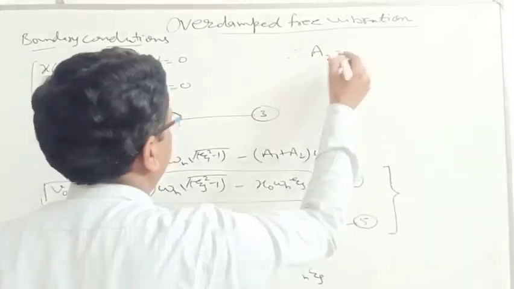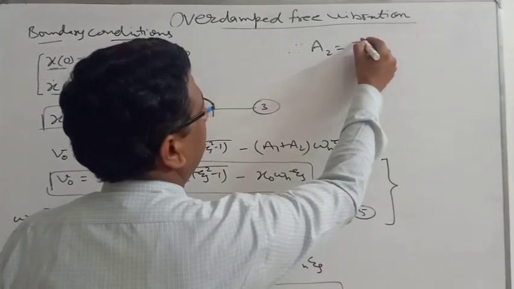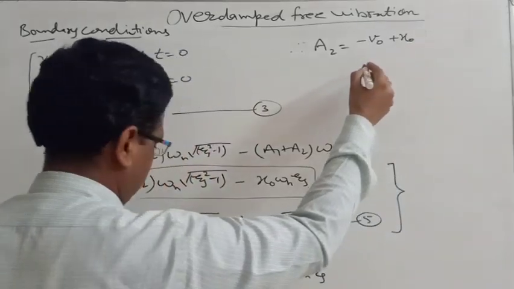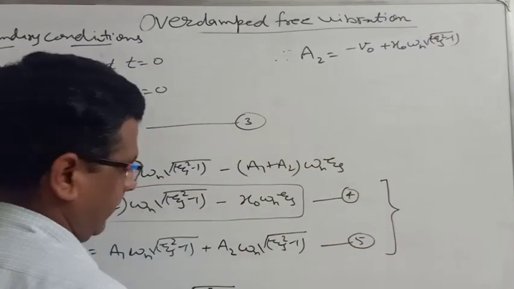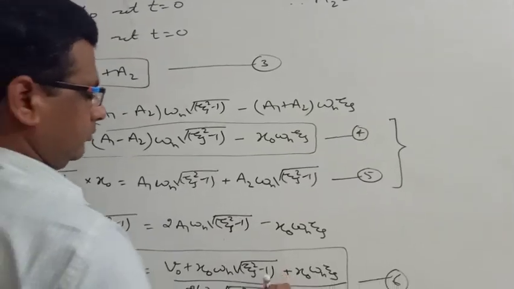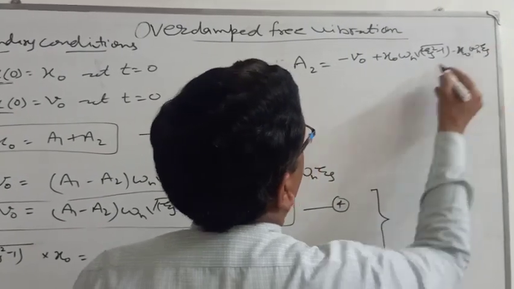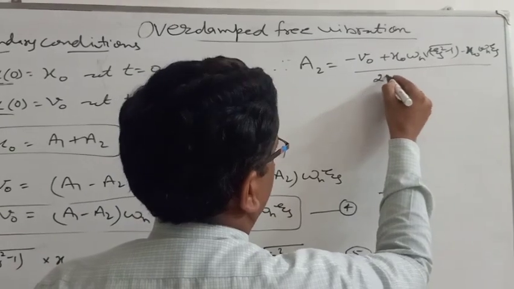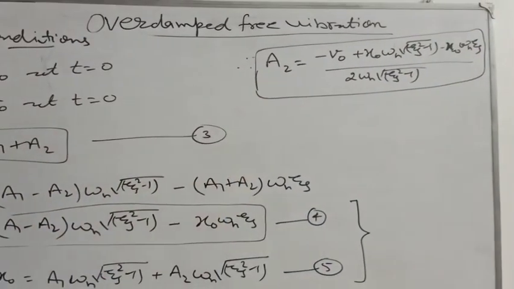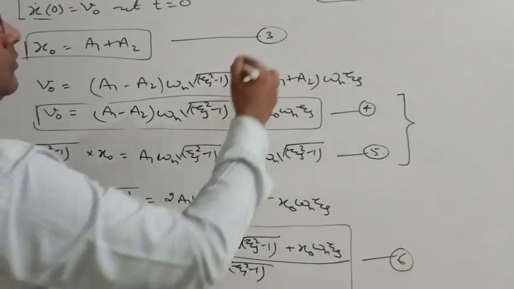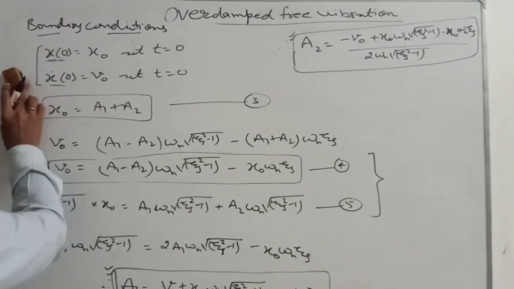Putting this a1 in this, the value of a2 becomes v naught plus x naught omega n under root of zeta square minus 1 minus x naught omega n zeta, divided by twice omega n under root of zeta square minus 1. These constants can be found out.